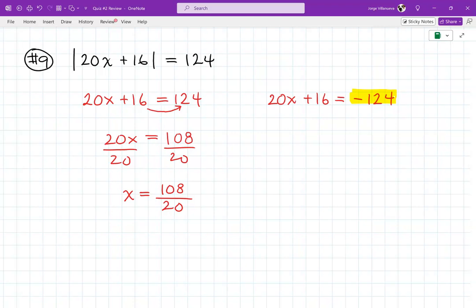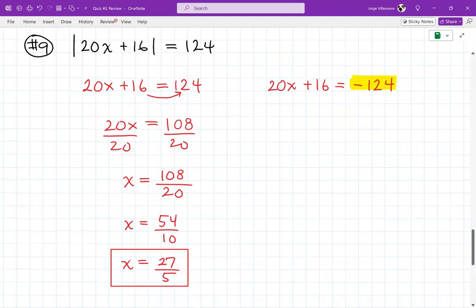So give me a second. I'm going to do this in my head. If I cut this in half, that's going to be 54 over 10. And if I cut that in half again, that's 27 over 5. So there's one answer. And that's okay. To have fractions as answers, that's fine. 27 over 5, no big deal.